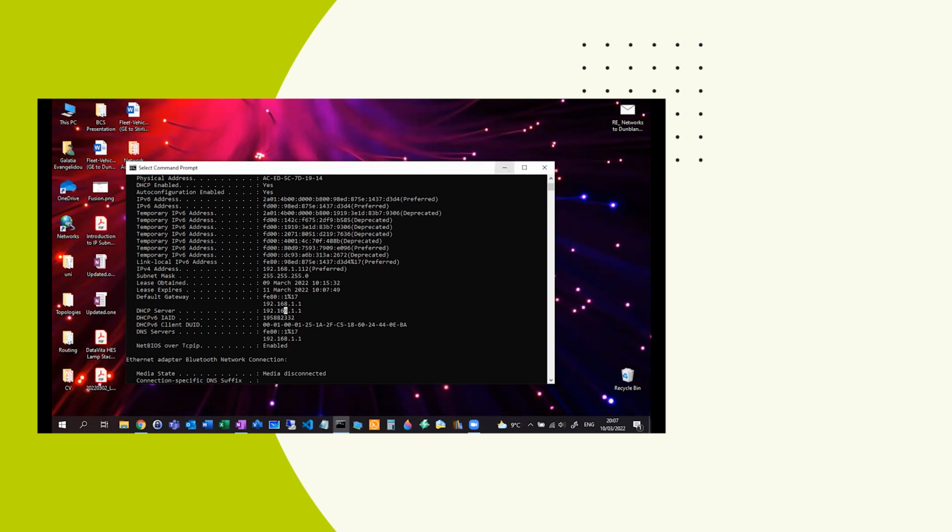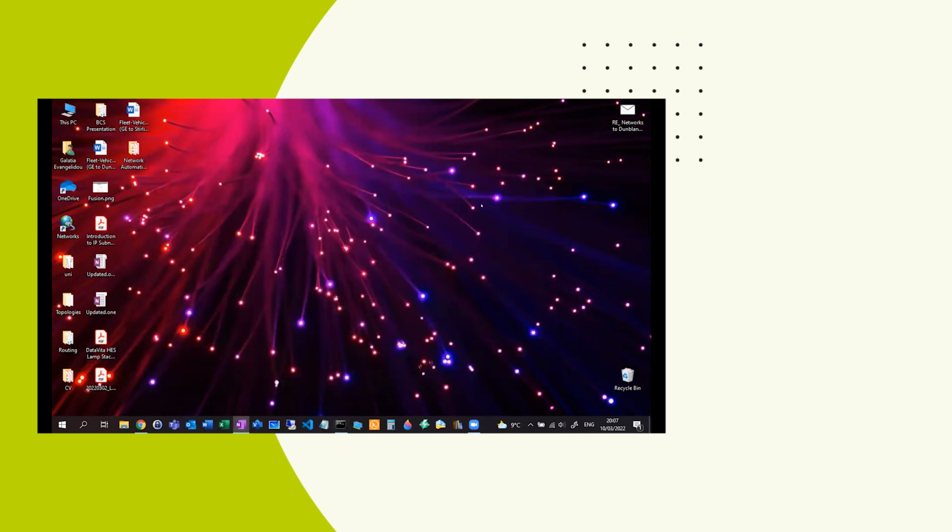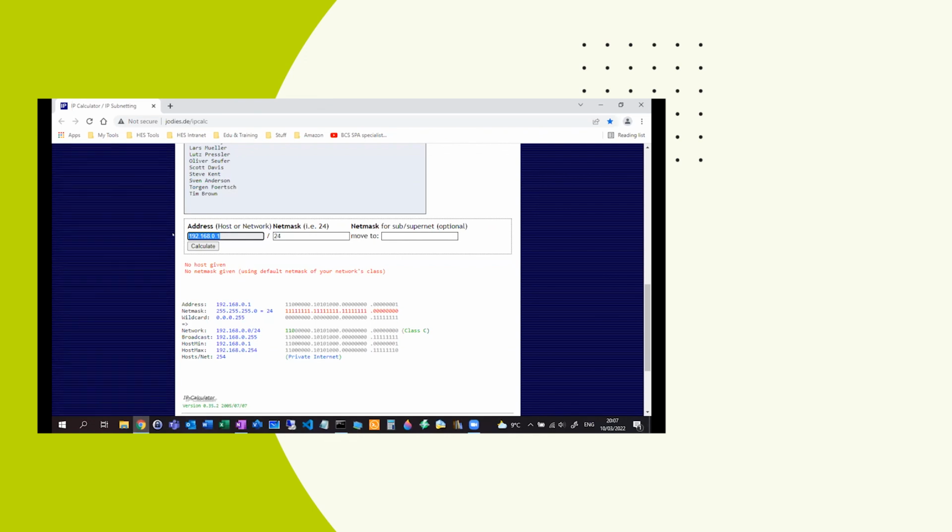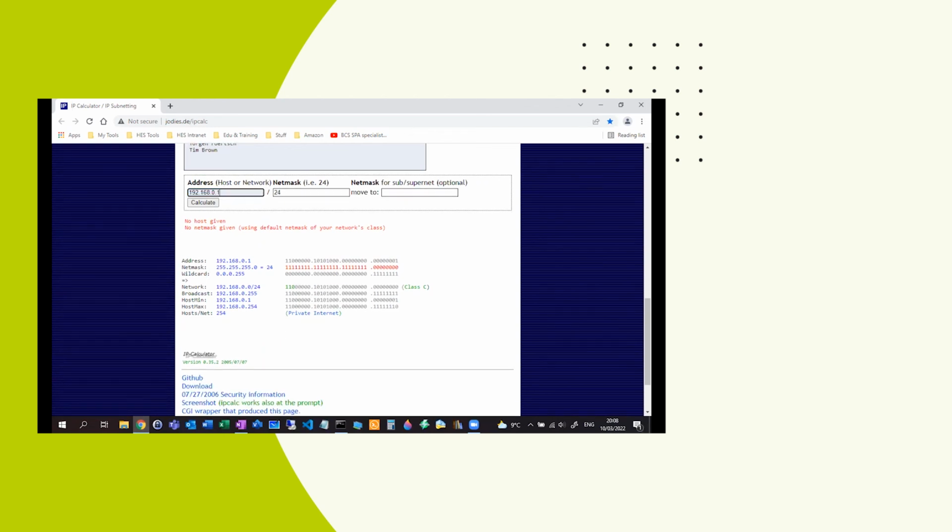And let me show you the other resource. This is the tool I was talking to you about. If you put any IP address here, let me give you an example. Let's go to the 10 network, 10.0.0.17, let's say.